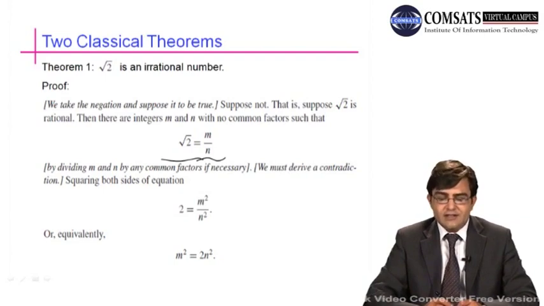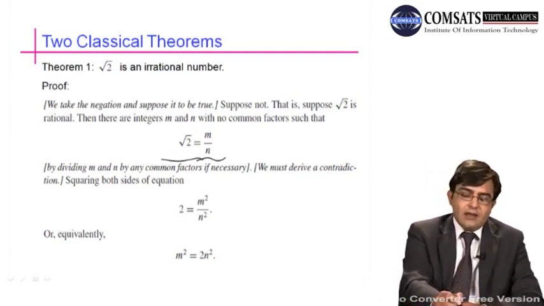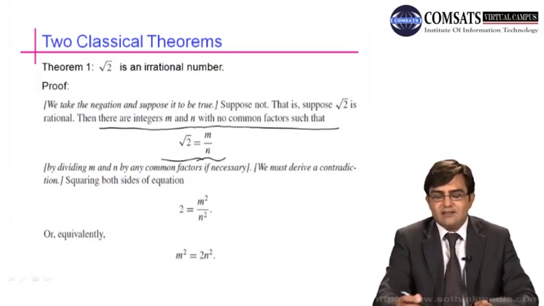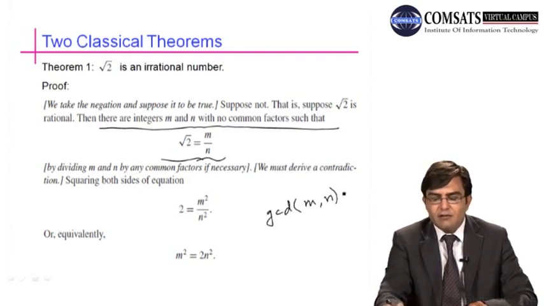We have imposed another condition on m and n: there are integers m and n with no common factors. With no common factors means that m and n must be relatively prime, meaning the GCD of m and n must be 1.